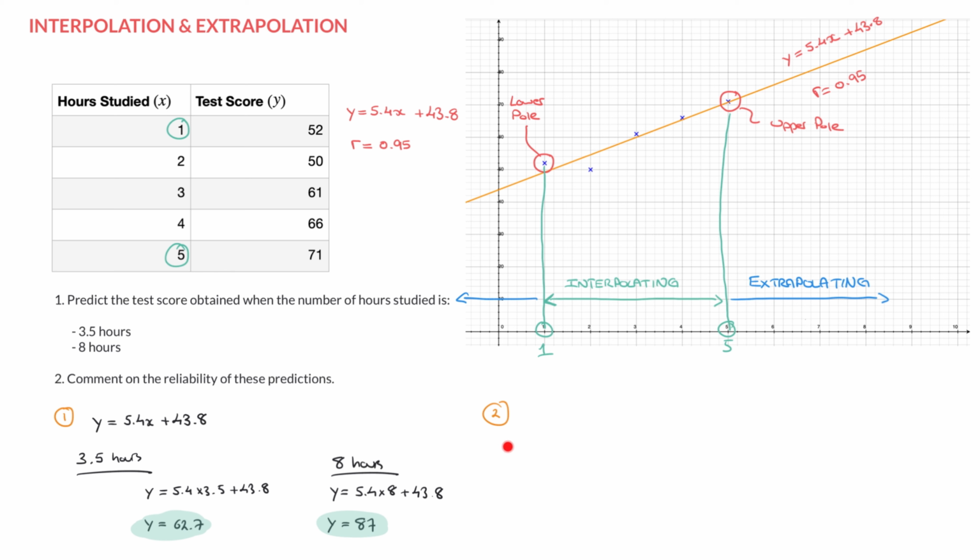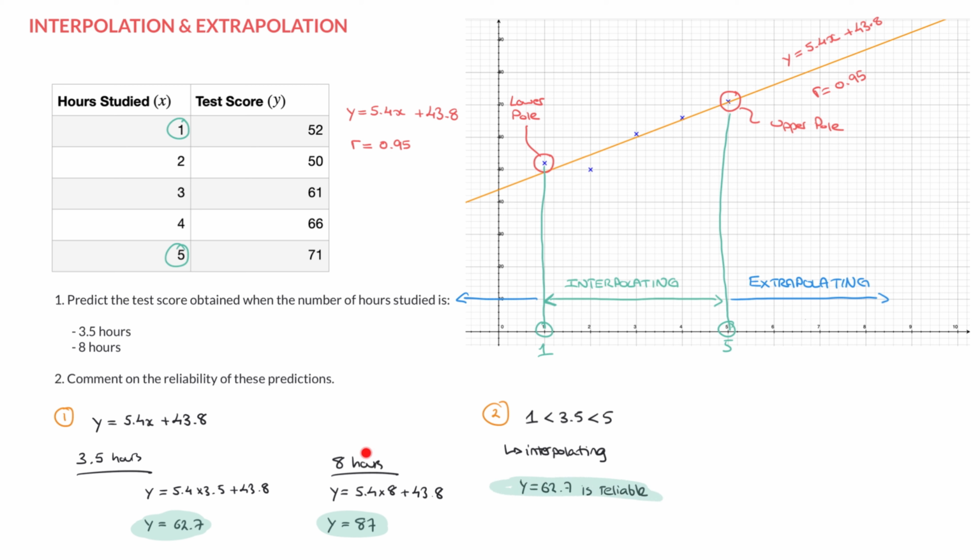Now, to answer question 2, that was comment on the reliability of these predictions, we could simply state that the value y equals 62.7 is reliable, since 3.5 falls between 1 and 5, and in fact we could write something like this. We could write that 3.5 lies between 1 and 5, so we're interpolating. And we could say y equals 62.7 is reliable. There we go.